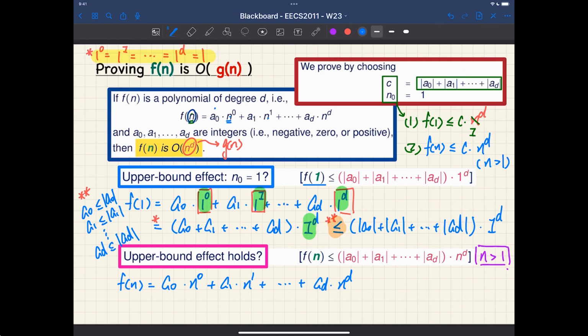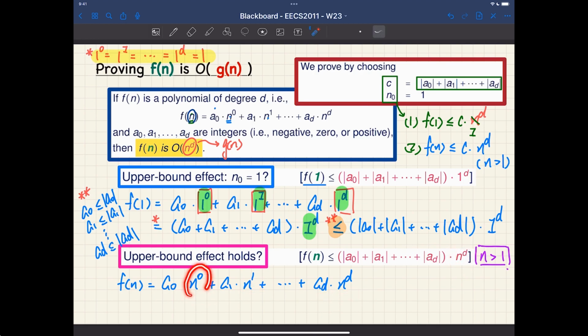What's our goal? What we did before, we somehow argued that these terms are pretty much similar or equal to 1 to the power of d. So that's why we can factor them out into 1 to the power of d. We want to do something similar in the following sense. We want to have n to the power of d. If somehow we can argue that these terms over here have some good relation with it, then we can factor that out. But what do we have?